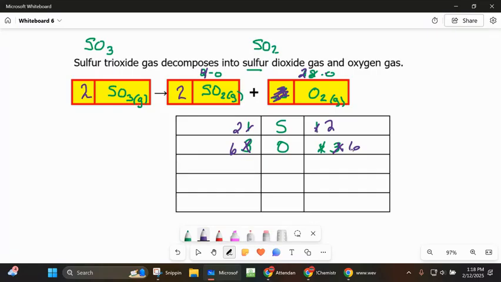Questions? You have got 4 more problems just like that you can do on this worksheet.